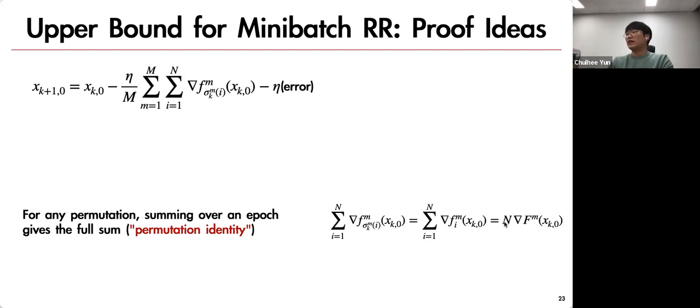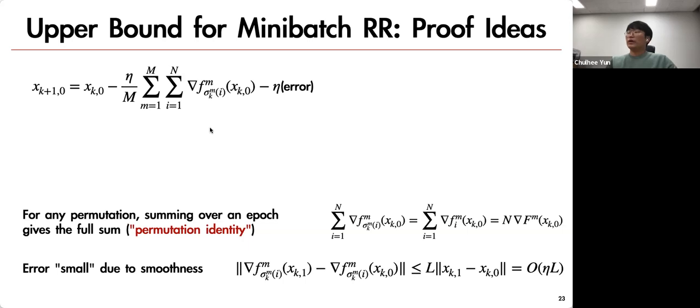And by the definition of the local objective function f_m, this is equal to n times the full gradient of f_m.